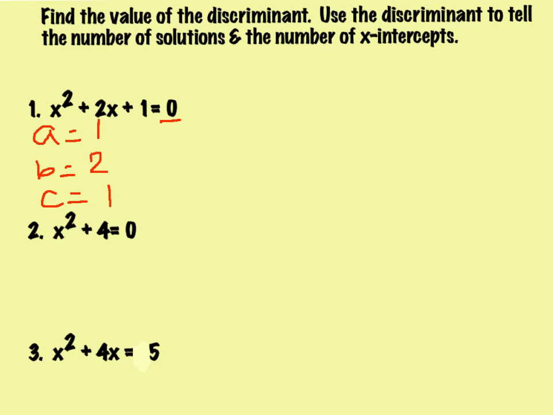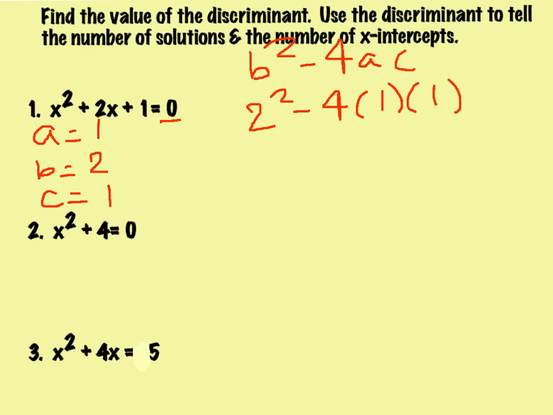Now we plug those values into b squared minus 4ac. So I'm going to do 2 squared minus 4 times 1 times 1, because a and c are both 1. 2 squared is 4, minus 4 times 1 is 4. So in this case, my discriminant is 0.